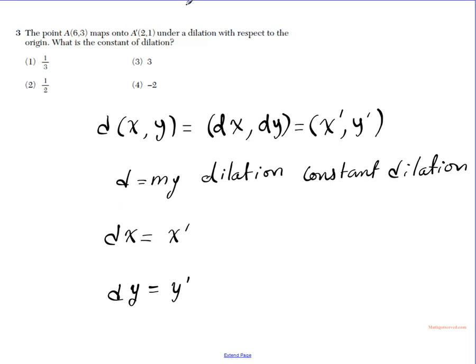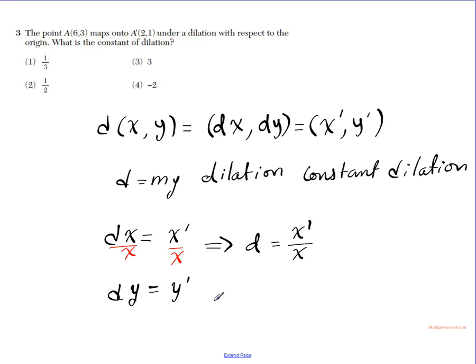All I simply do is divide the corresponding coordinates, right? So if I divide this by x and divide that by x, this first equation tells me that my constant of dilation d is simply the image x prime over the original x.